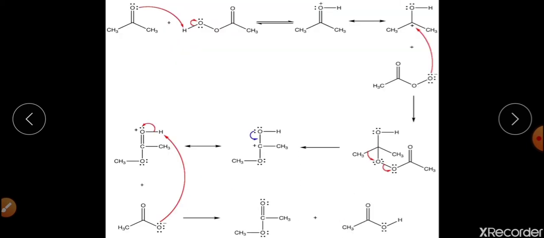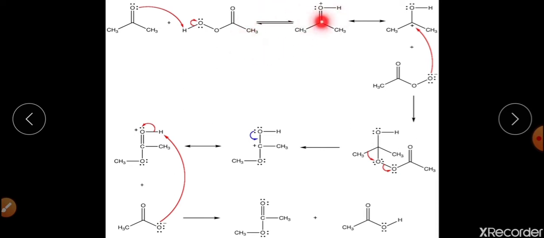Now the mechanism of this reaction is that first of all protonation will happen, and the lone pair of electrons on this oxygen will abstract the acidic proton from this per acid, and this is a reversible reaction.